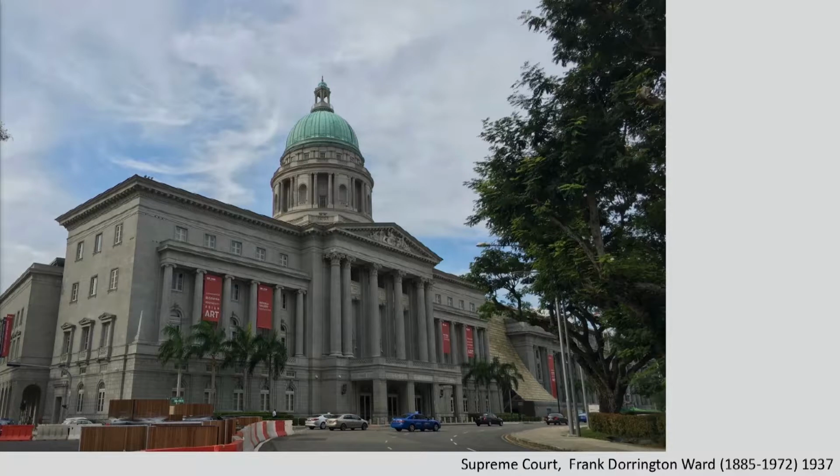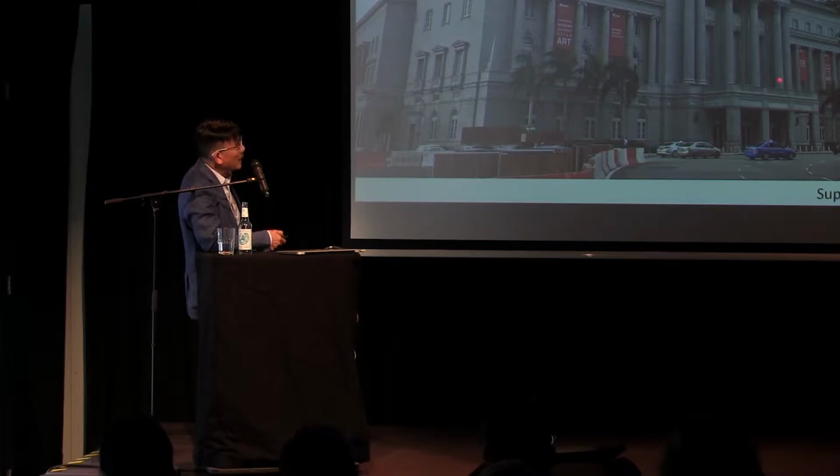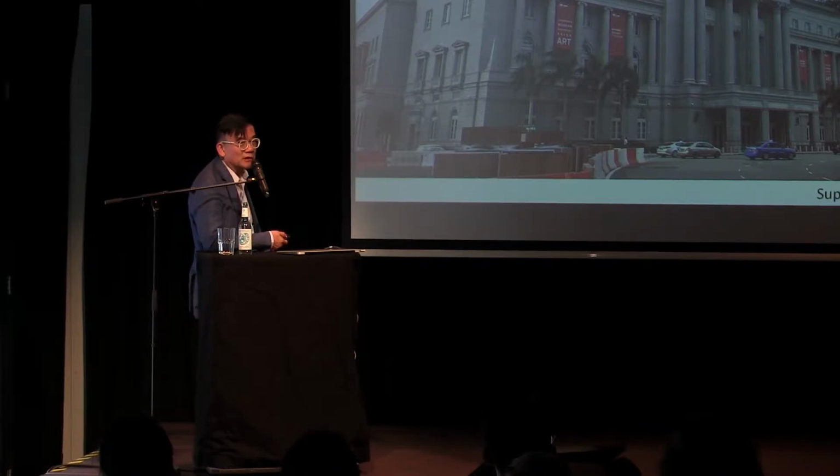So this is neoclassical style, designed by the director of the Public Works Department, Frank Dorrington Ward, in 1937. Even in 1937, we're talking about Bauhaus in 1919.